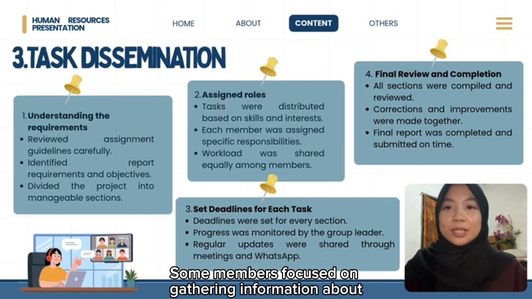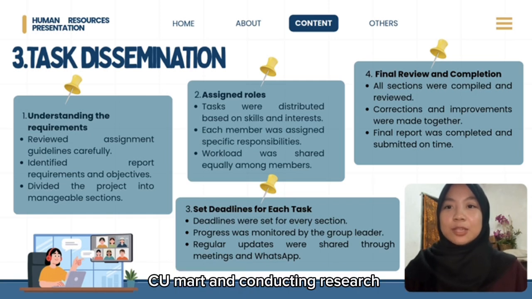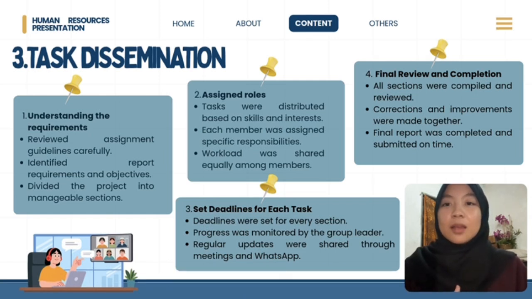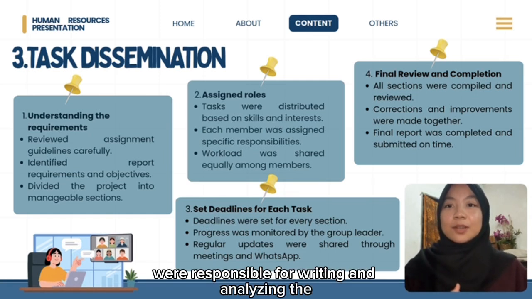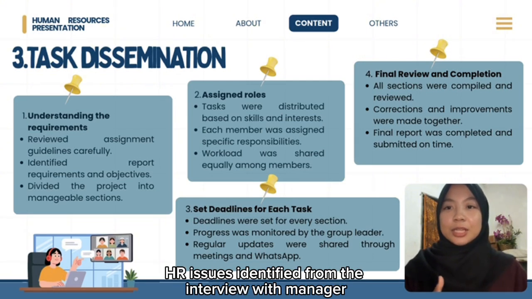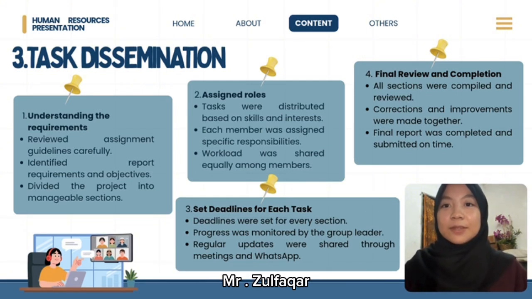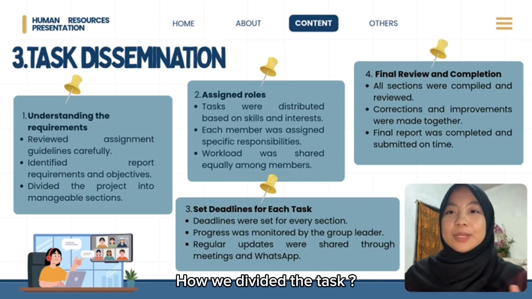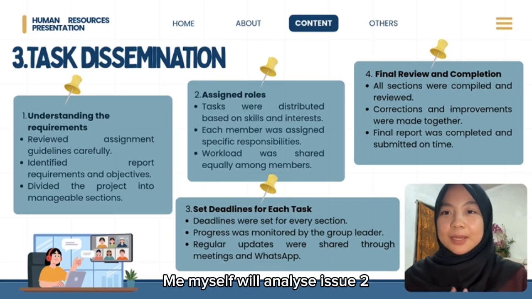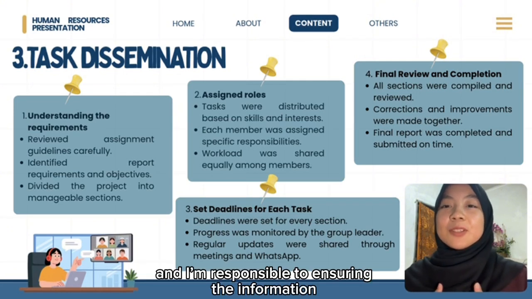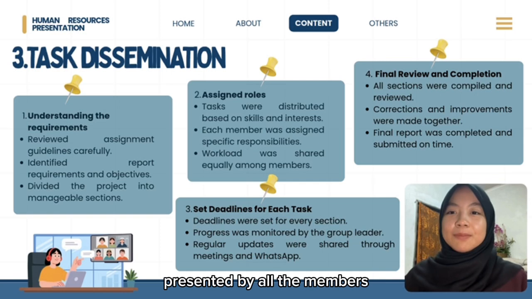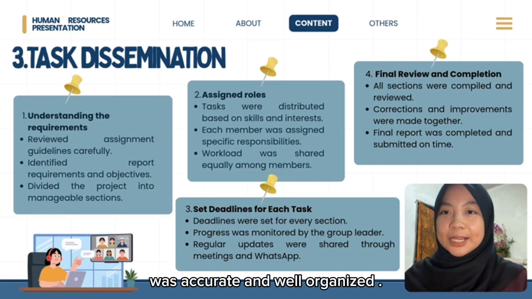Some members focused on gathering information about Mart and conducting research, while others were responsible for writing and analyzing the HR issues identified from the interview with manager Mr. Zulfakar. How did we divide the tasks? Myself, I will analyze issue 2, and I am responsible for ensuring the information presented by all the members is accurate and well organized.